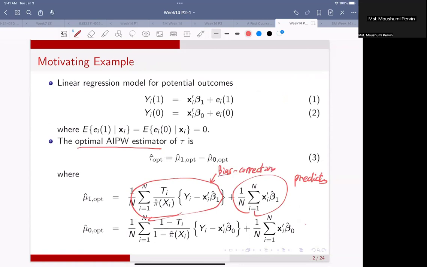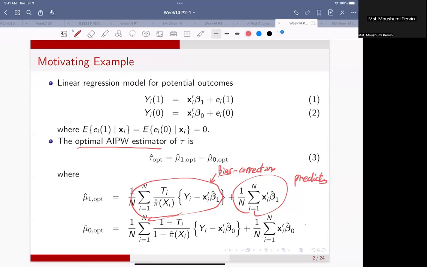That's one interpretation. You have a model prediction, and if the model is incorrect, then we may have a bias, but we can estimate the bias using the propensity score function.